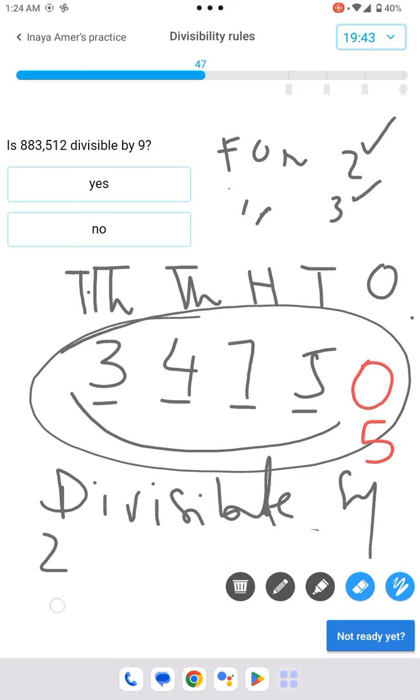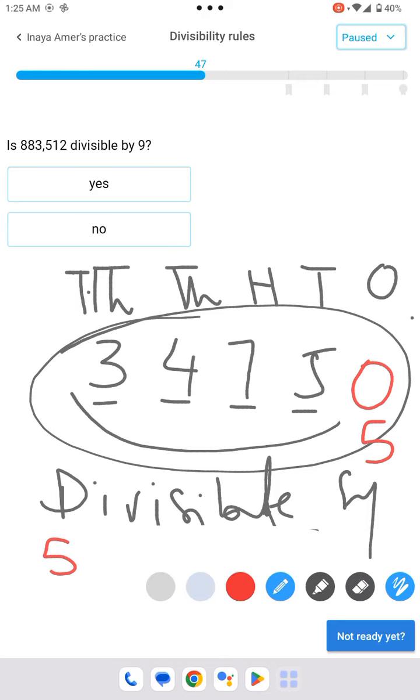Okay, then the number can be divided by 5. All right, I tell you again, if the number has 0 or 5 at the ones place, then the number can be divided by 5.